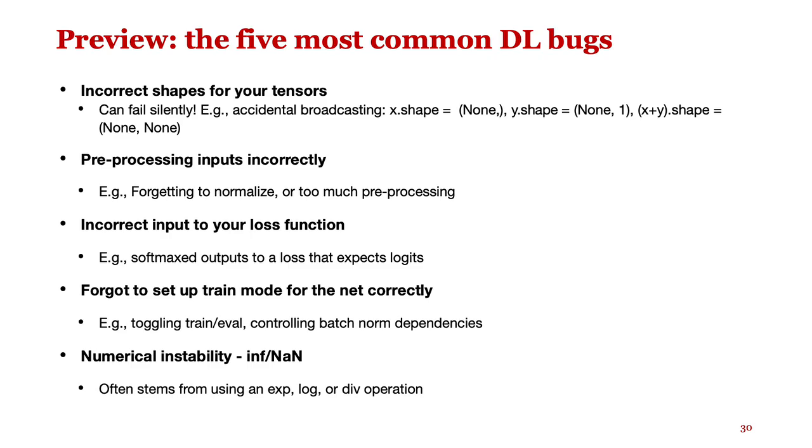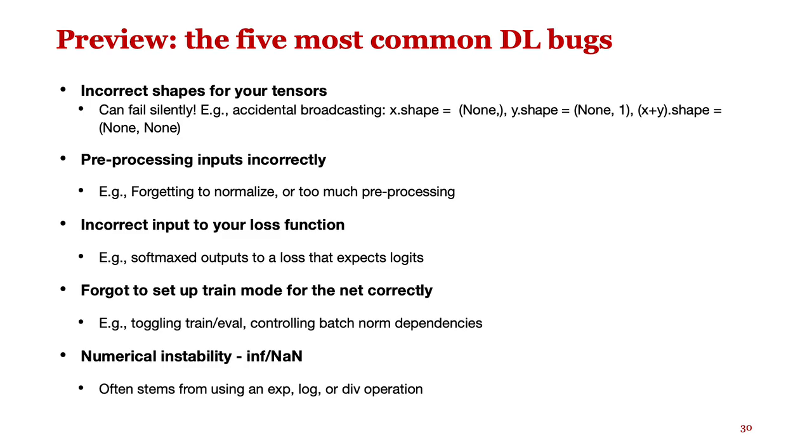All of these things can cause your tensors to change their shape. And sometimes, because again, these systems can be quite smart, they try to do their best to make sure that the code still runs, but it might be that the code is not doing the thing that you're expecting it to do. So making sure that the tensors are of the correct shape after every single operation is very important.